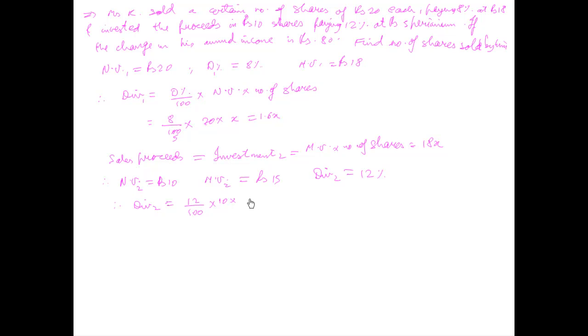Number of shares comes out to be investment upon market value. This cancels 3 times, this cancels 5 times. So we are left with 36x upon 25, multiplying and dividing by 4, we get 1.44x as dividend in the second case.